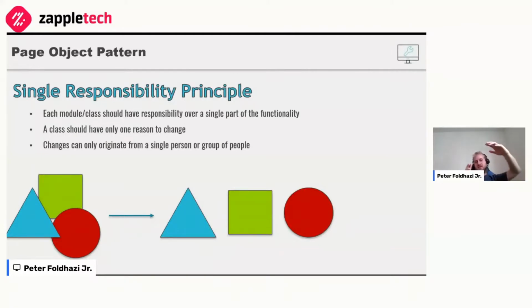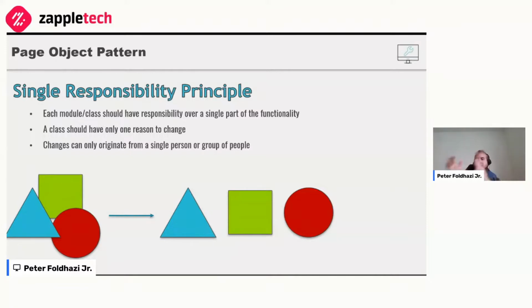The other reason is because it's going to start growing bigger and bigger, and it might be a couple of hundreds of lines of code, or maybe even thousands of lines of code. Unfortunately, we have seen many such examples in public repositories, and it can be a nightmare to work in such class files.